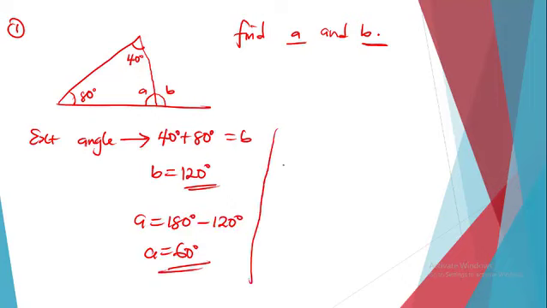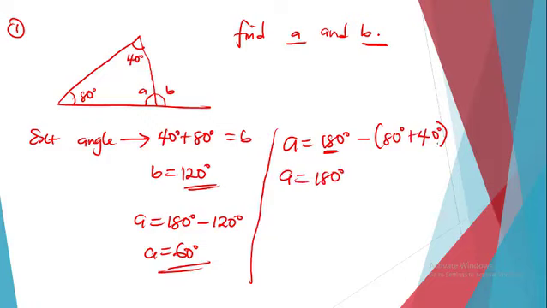Secondly, we can start by solving for A, where A is equal to 180 minus (80 plus 40). Remember that the total angle in a triangle is equal to 180. So we have A equal to 180 minus (80 plus 40), which is 180 minus 120, and that gives us 60 degrees.